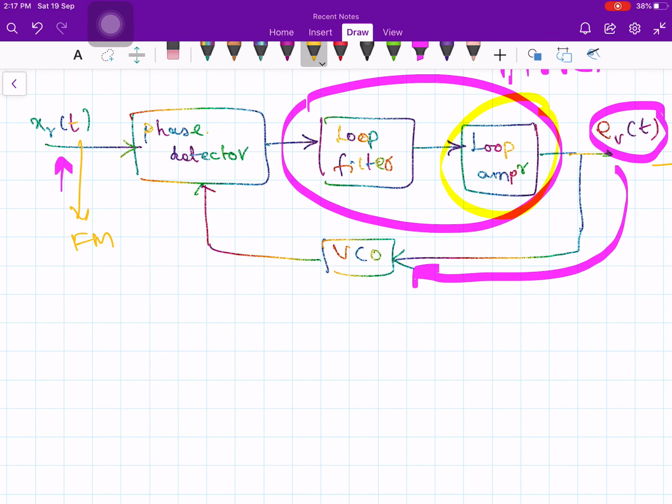Now let us look at the operation of the circuit. Now at the input you have an FM signal.